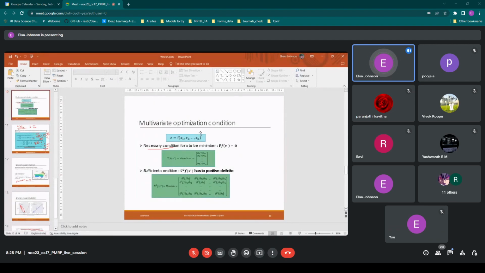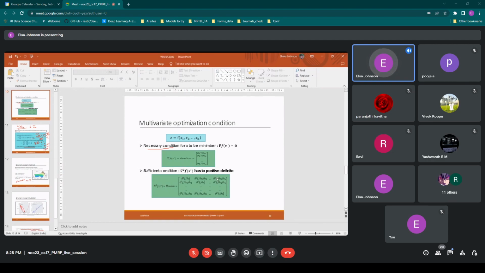Okay. So when you have a multivariate optimization condition, then the necessary condition you will find with respect to this one, and this sufficient condition is the same condition that you had for the univariate, like f double dash of x should be less than 0 or greater than 0. Similarly, this one is del square f of x star, that is known as the Hessian.